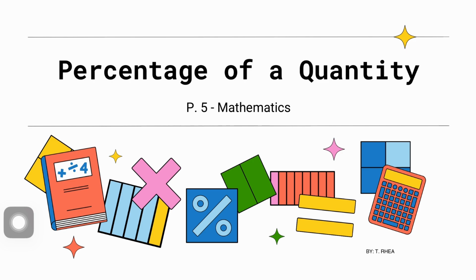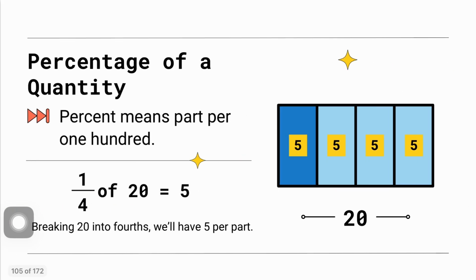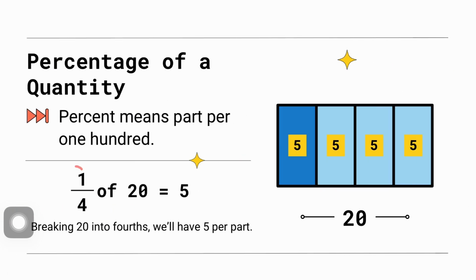So in the past video, we already learned that percent means part per 100. For example, we have 25% of 20. So that means getting 25 hundredths or 1/4 of 20. Since 25 hundredths or 25% also means 1/4 of 20, we have to break 20 into 4 parts.